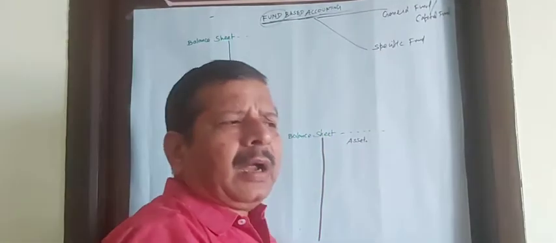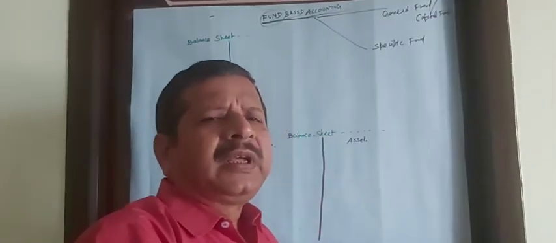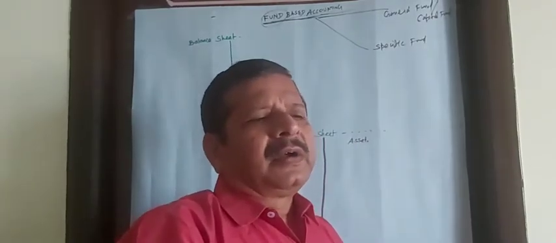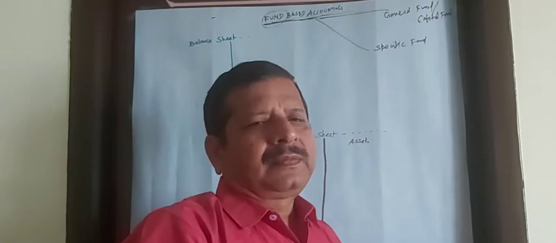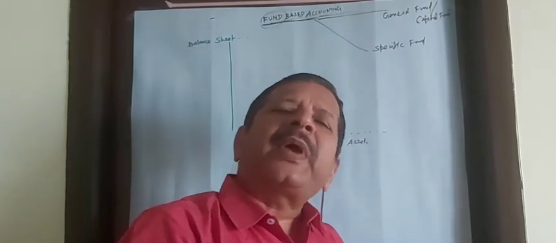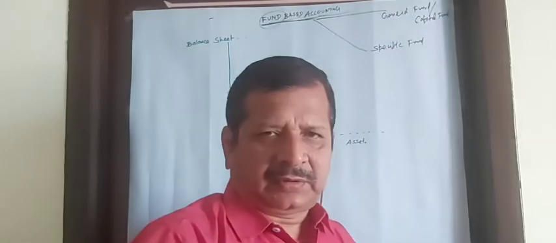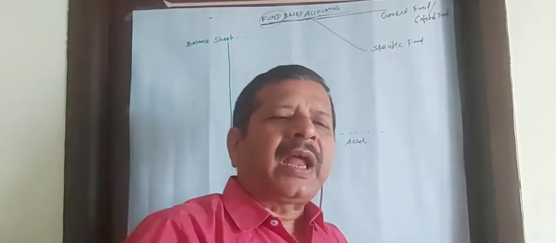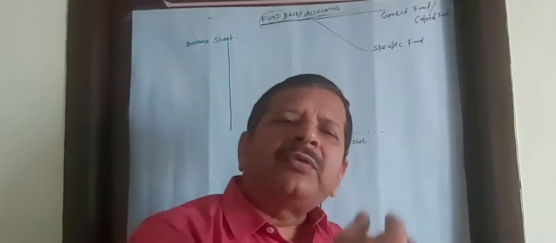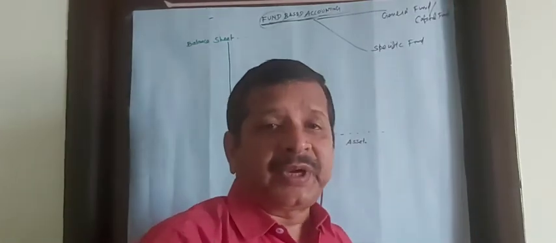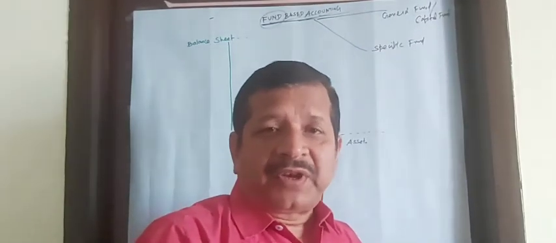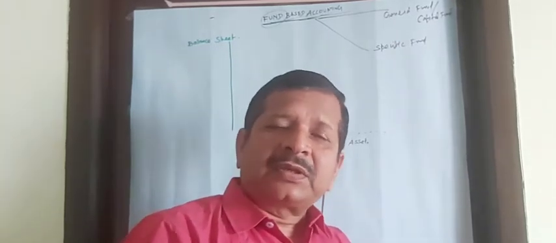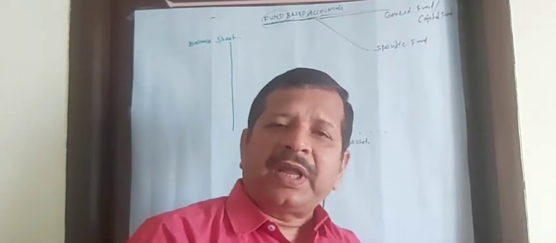The meaning of general fund is the fund from which we can spend the day-to-day expenses. Only the general fund amount can be utilized for day-to-day expenses, like revenue expenditure of the not-for-profit organization.